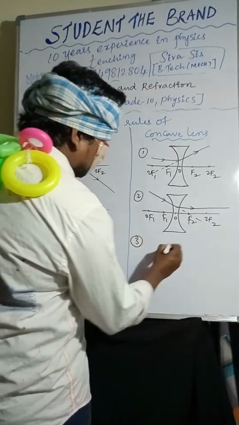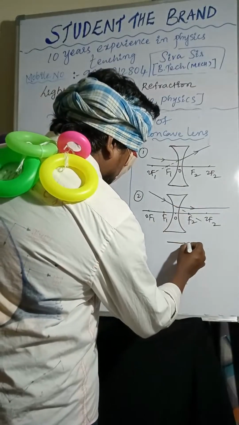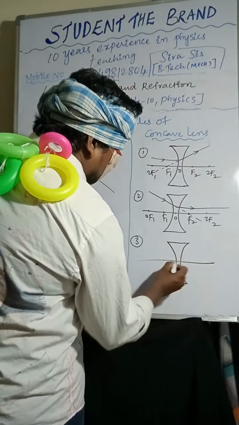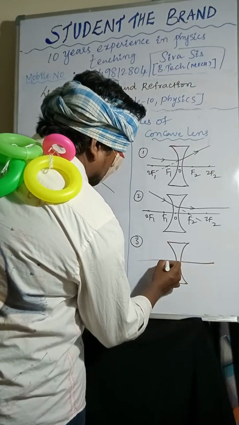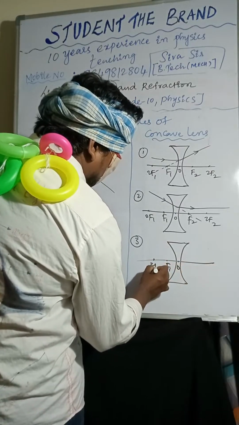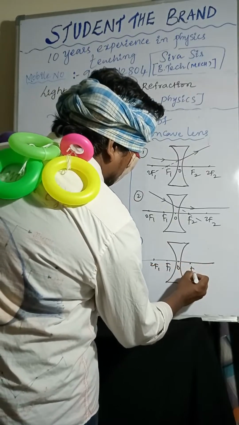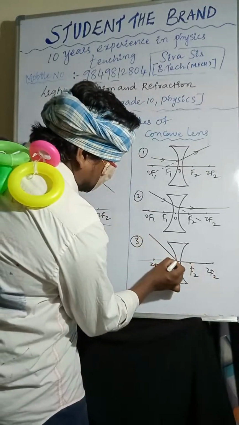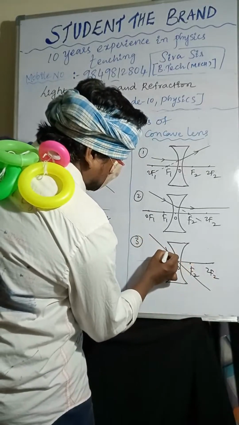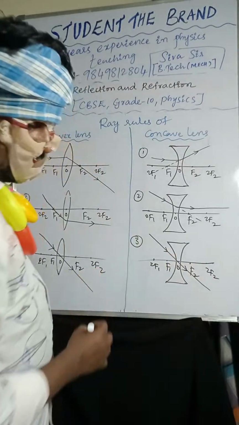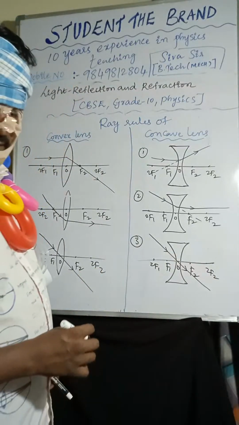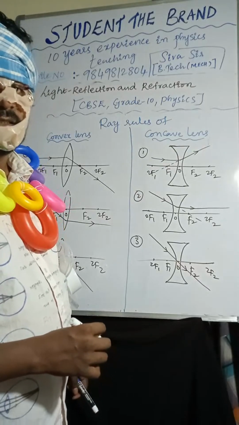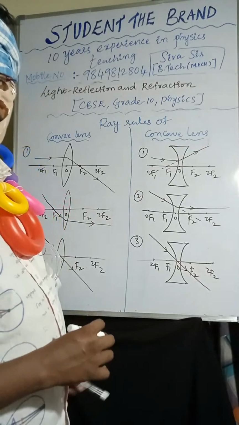Third one: optic center, F1, 2F1, F2, 2F2. Light ray is passing through the optic center. If the light ray is passing through the optic center, no deviation. So without any deviation, it goes.